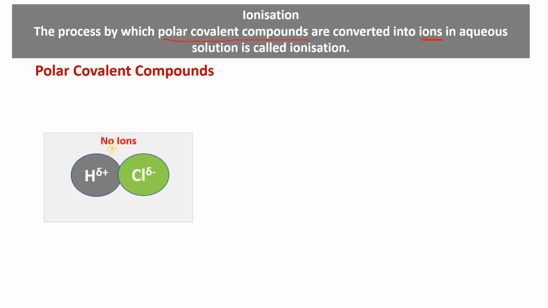Hence, due to the absence of ions, polar covalent compounds are bad electrolytes, or they do not conduct electricity. Now, in gaseous form, this hydrogen chloride does not have any ions. Hence, gaseous hydrogen chloride is a bad conductor of electricity.